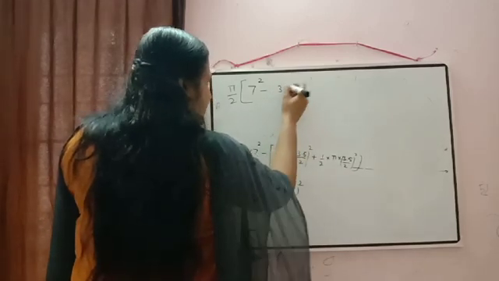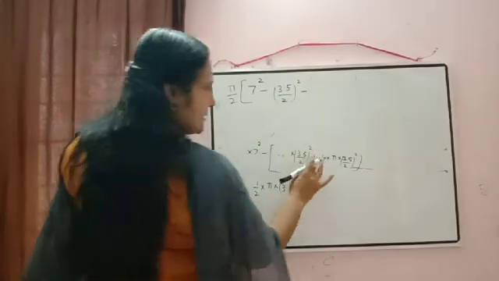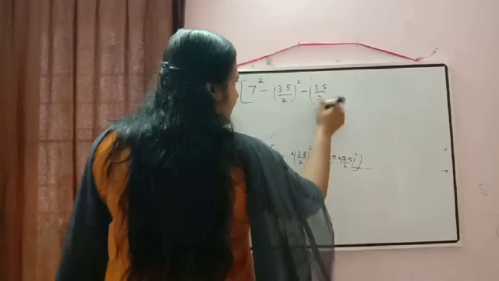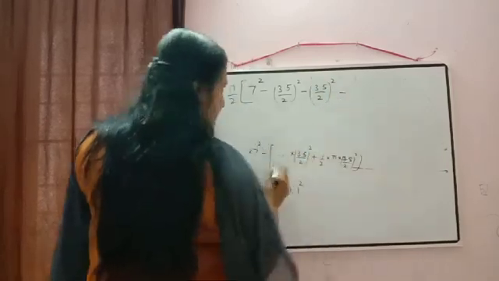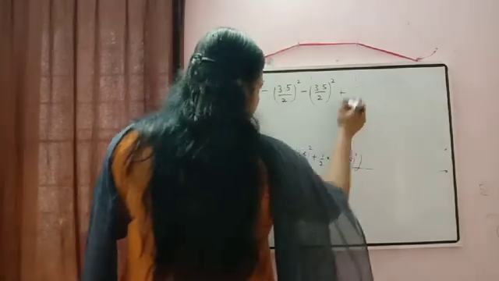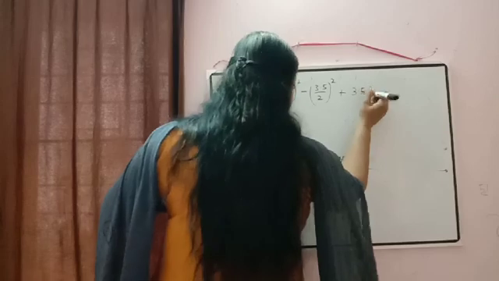So remaining is 3.5 by 2 the whole square minus, this minus sign will get multiplied here, so again 3.5 by 2 the whole square. Then here plus, minus sign bracket over there. Then next pi by 2 taken common. So remaining it will be equal to 3.5 square.